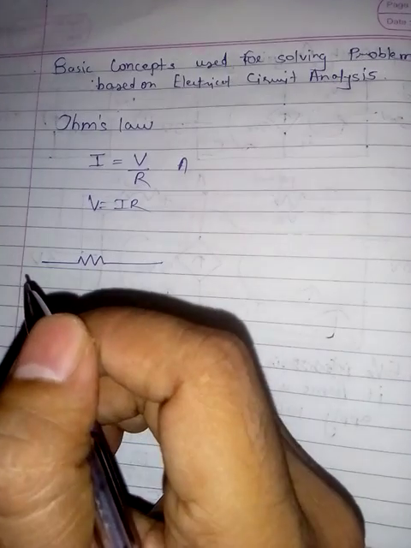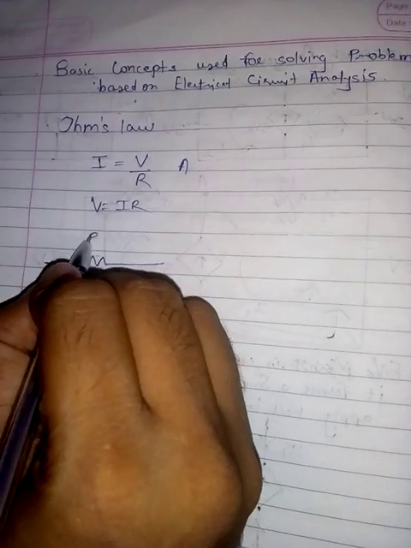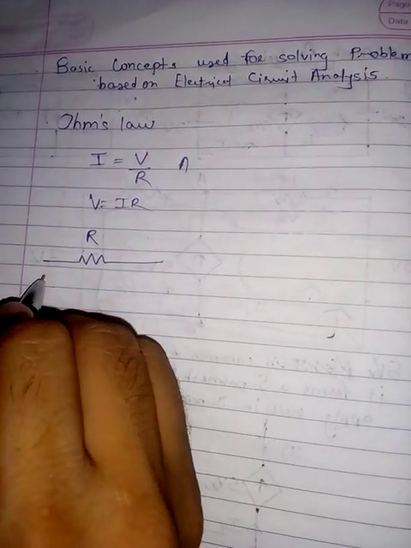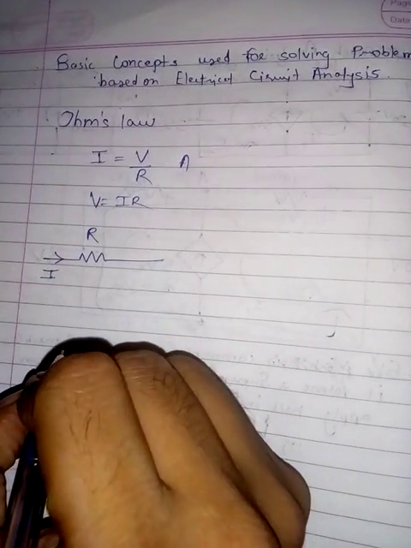To give the polarities across the resistor R when current is flowing in a particular direction. Let's say this is a resistor R and current I is flowing in this direction.